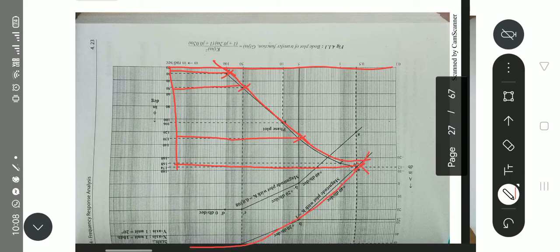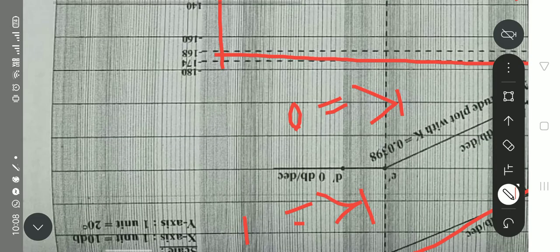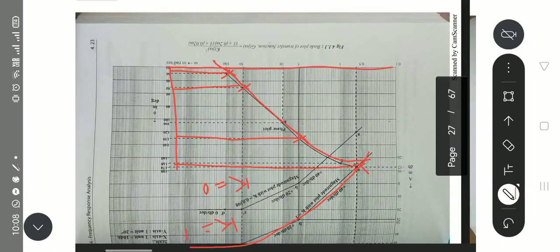Okay, and this is the k equal to 1 magnitude. You can calculate for k equal to 0.0398 by multiplying with 0.0398 and recalculating the magnitude of all the terms; then we will get this magnitude.